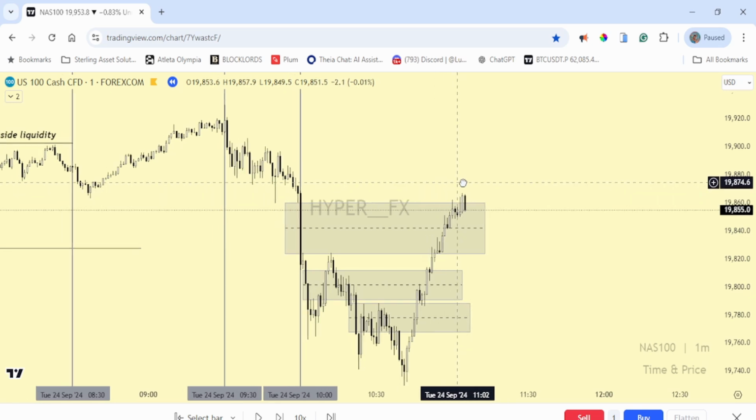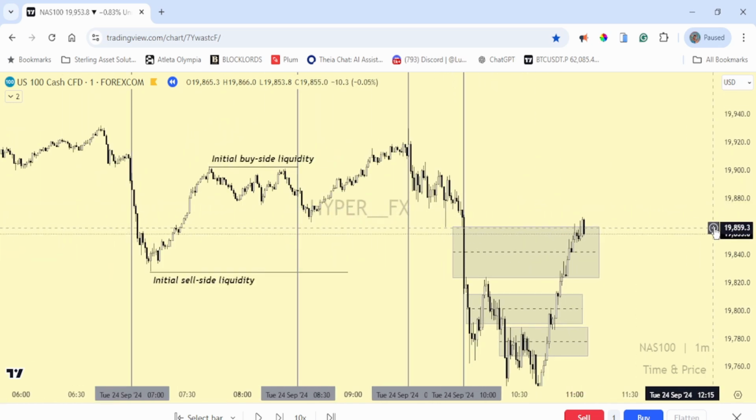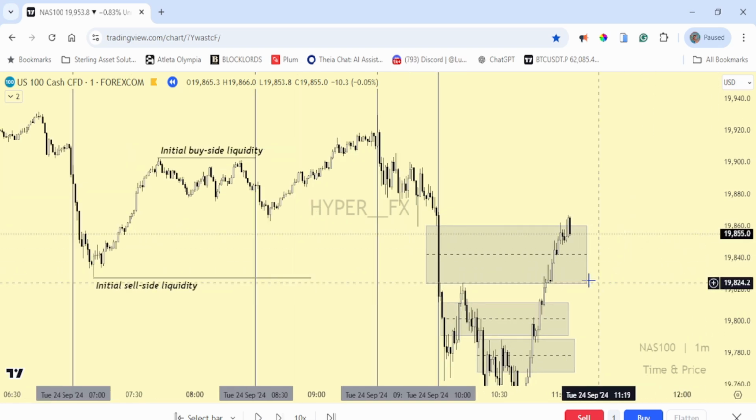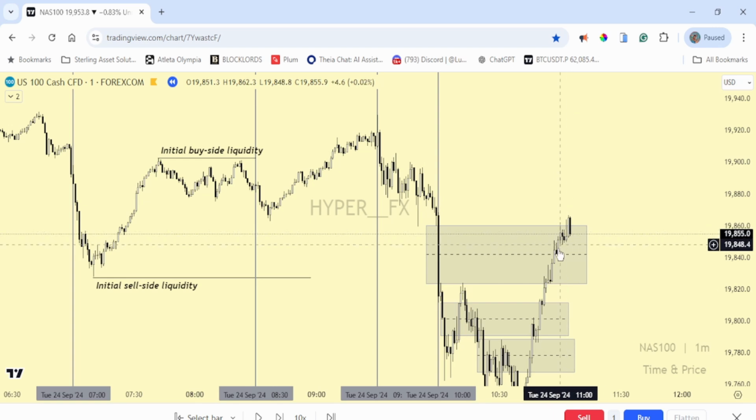It depends on what kind of trader you are. If you are a conservative trader, you want to wait for price to come back to the consequent encroachment. But if you are not a conservative trader, that means you are an aggressive trader. Aggressive traders tend to take positions above this level.